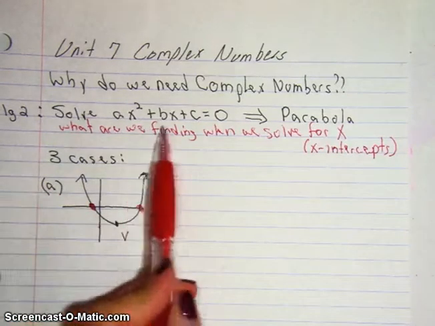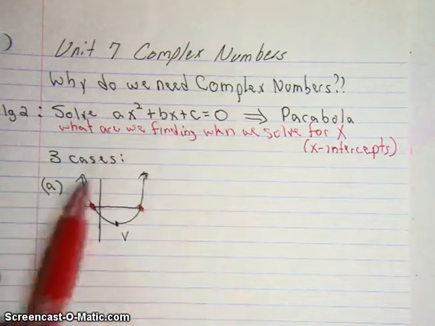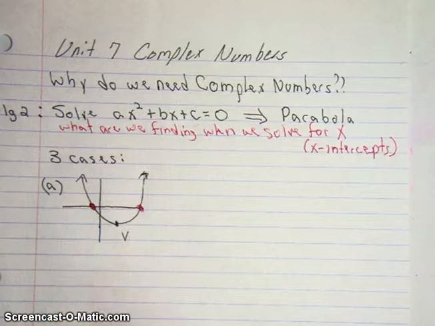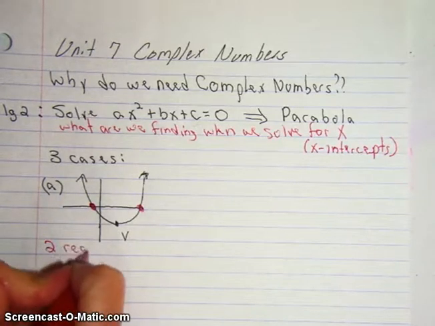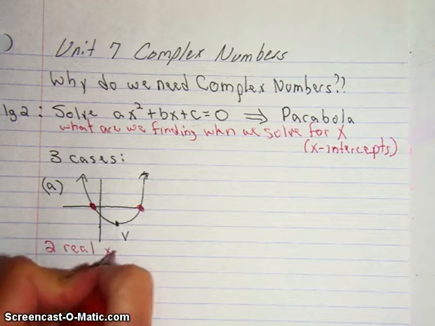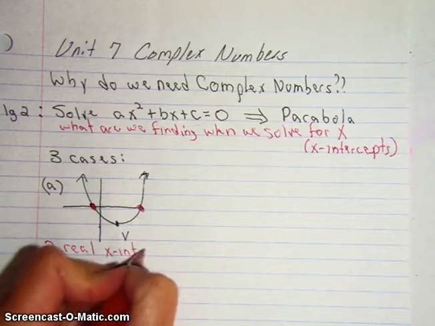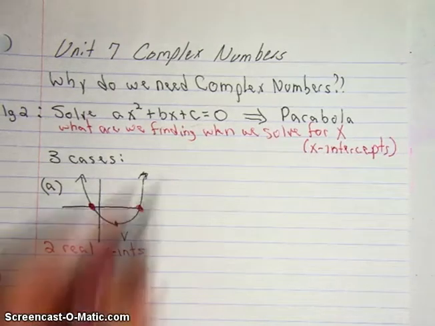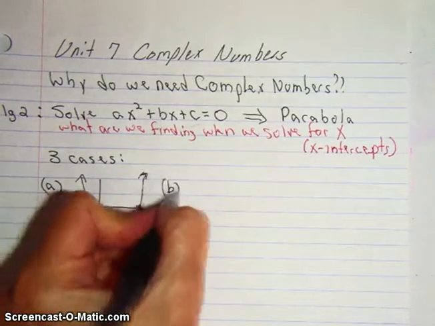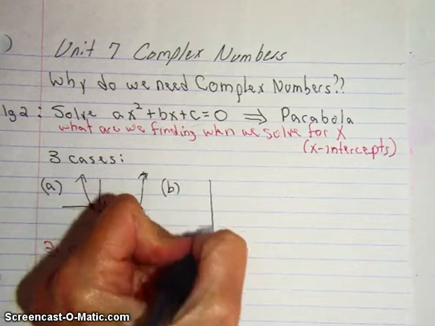So when you're solving a quadratic, after you set it equal to 0, what you're doing is you're finding the x-intercepts. In this case, there are 2 real x-intercepts. Everybody good? All right, case B. New parabola.